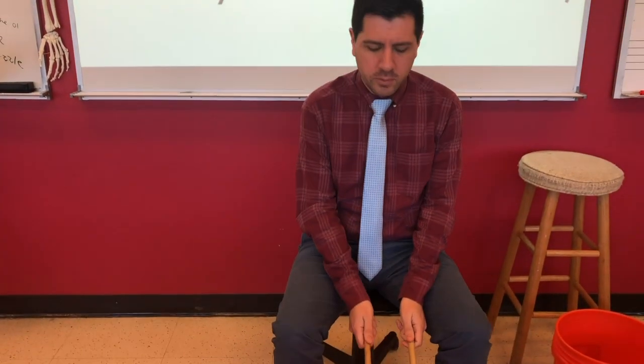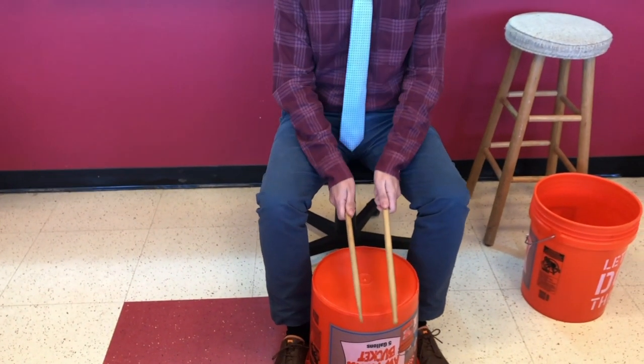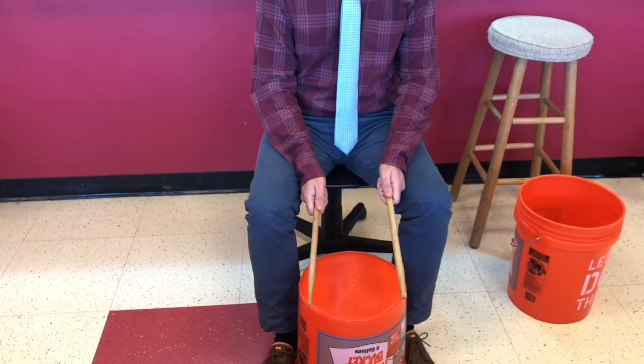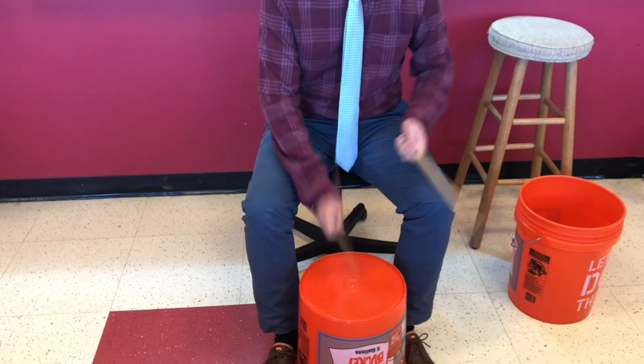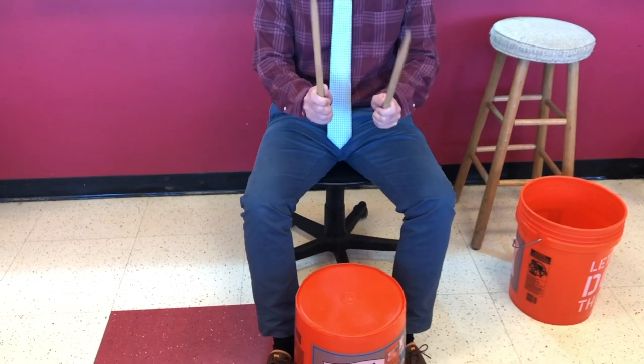We can play on the rims of the drums. We can play rims together or rims separate. This is rims together. Good. We can play on the top of the drum.